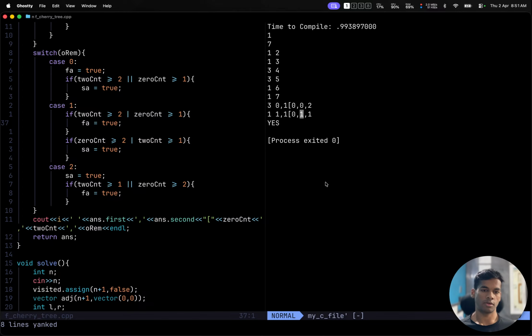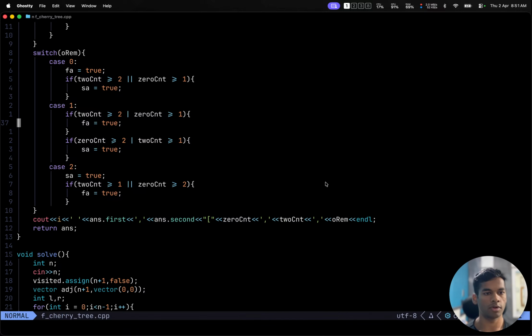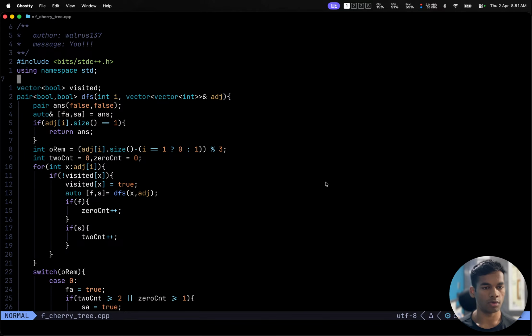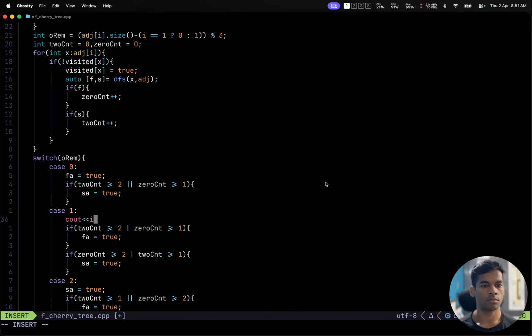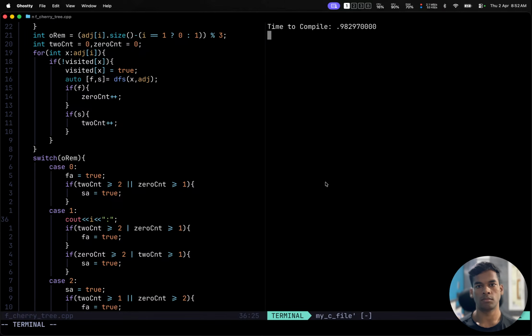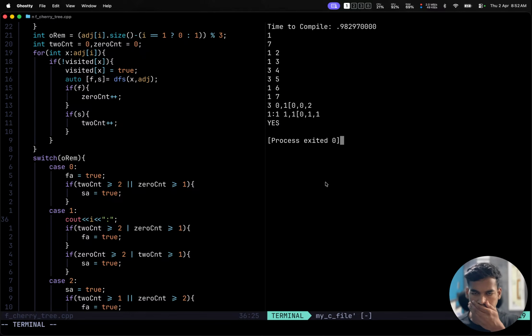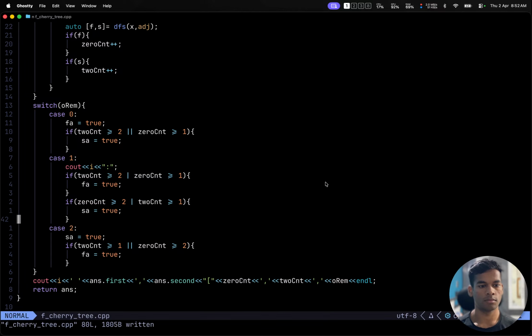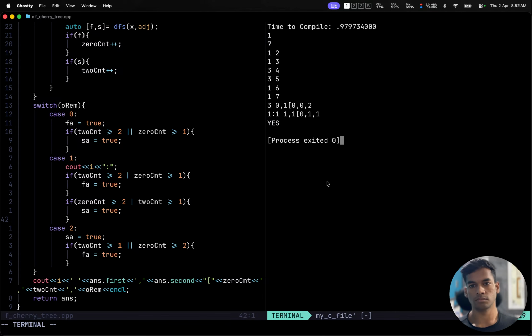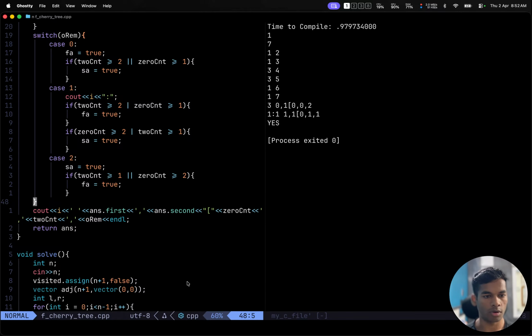For 1, answer first. Why is the first answer becoming equal to 1? Zero count, two count.